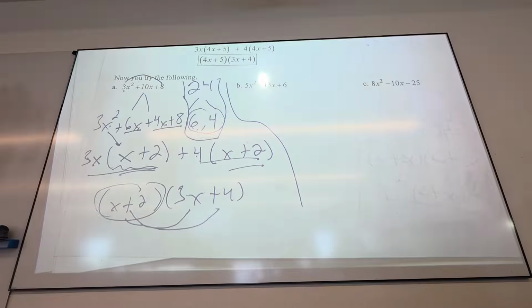4x plus 5, in parentheses, is 2x minus 5. So for this, you take out 4x, because it's 8x squared minus 20x.